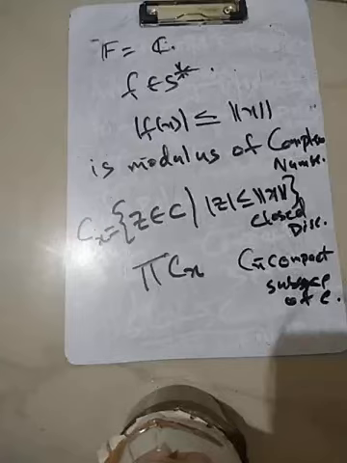So the weak star topology on S star is the subspace topology on the embedding. Both topologies coincide. Every open set in this compact subspace topology is the same as the weak star topology on S star.